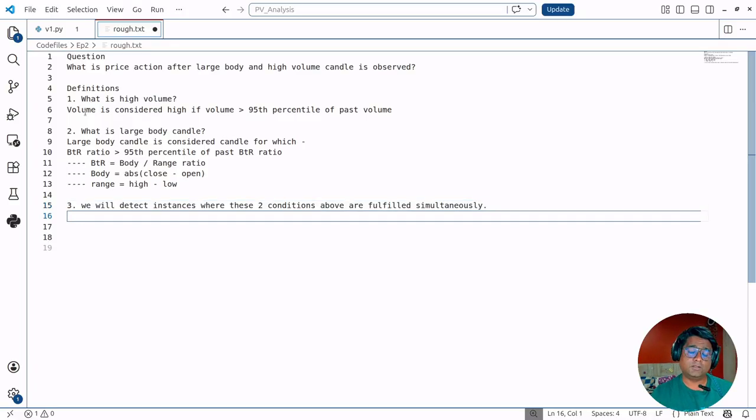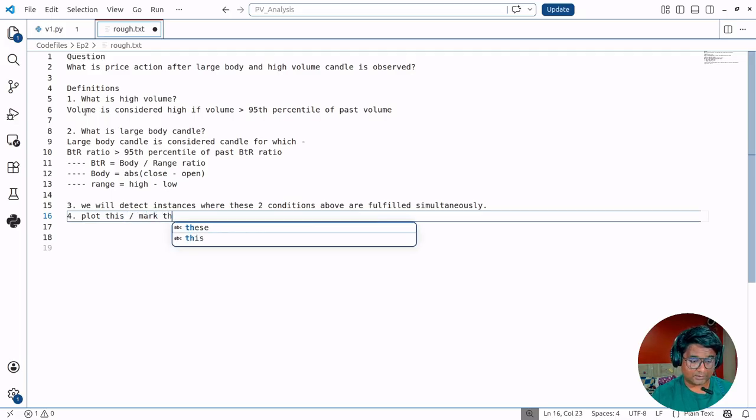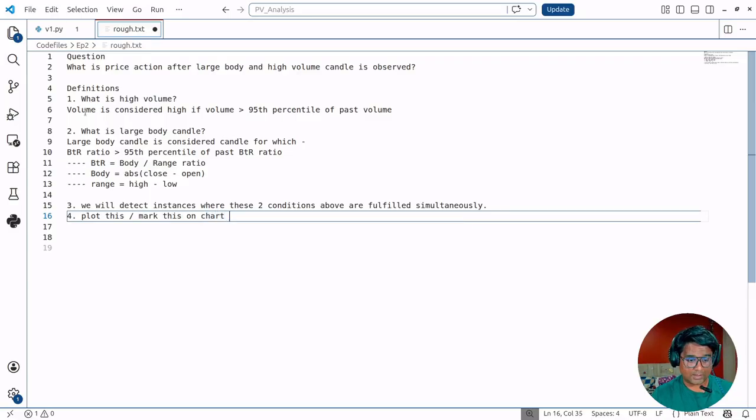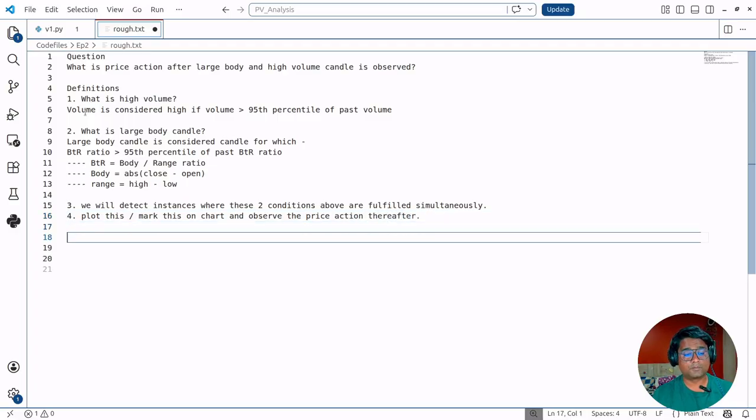Okay, and then we will plot this or mark this on the chart and observe the price action thereafter. Okay, so this is the plan.